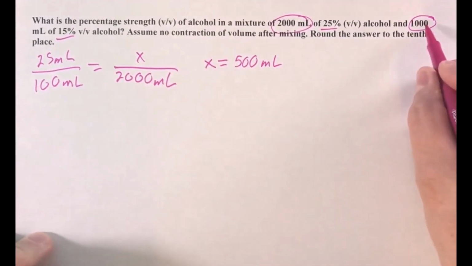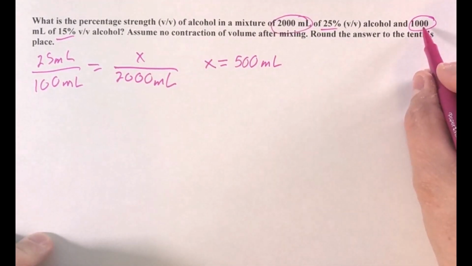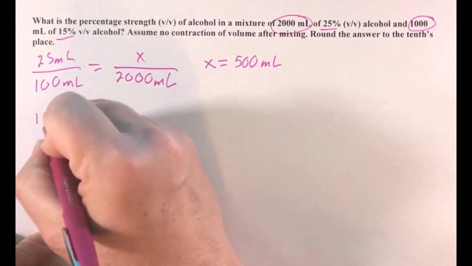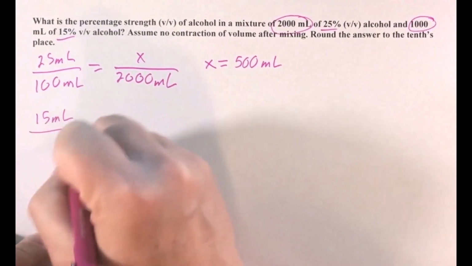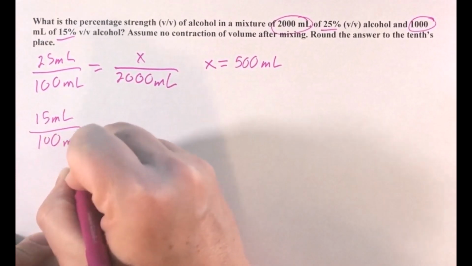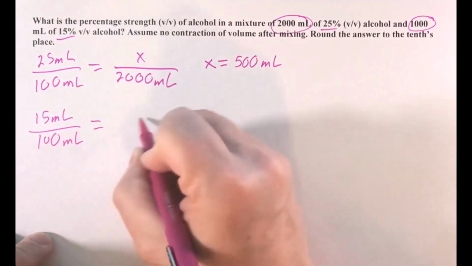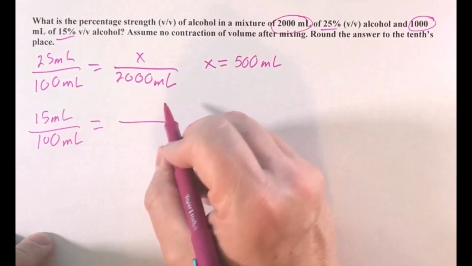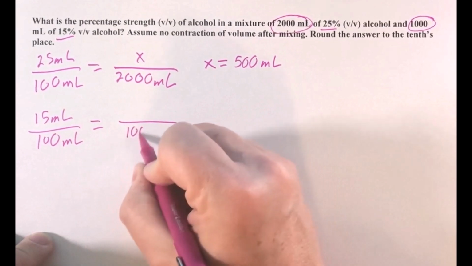All right, we'll do the same thing for the 1,000 milliliter solution that has a 15% concentration of alcohol. So that's going to be 15 milliliters for every 100 milliliters, another way to express that. We'll say equals, and we need to know how much it is out of a total of 1,000 milliliters.